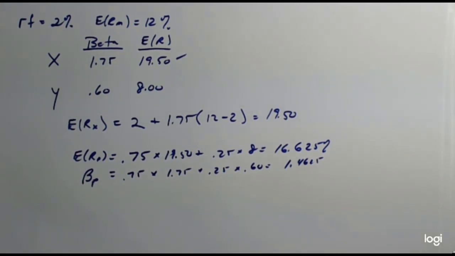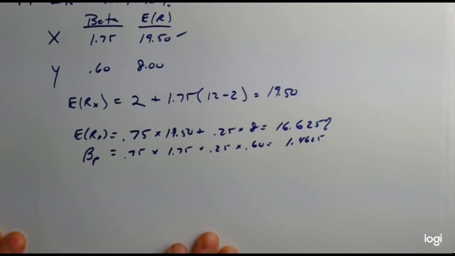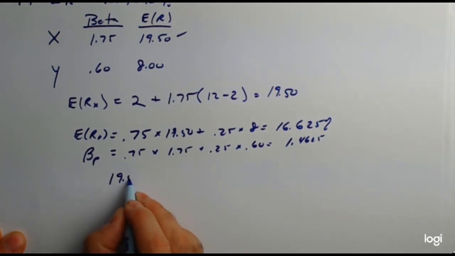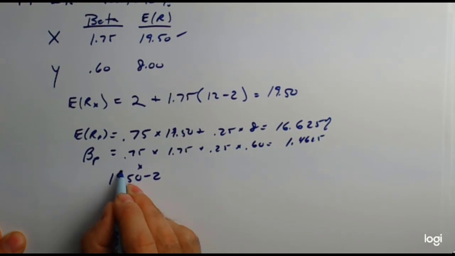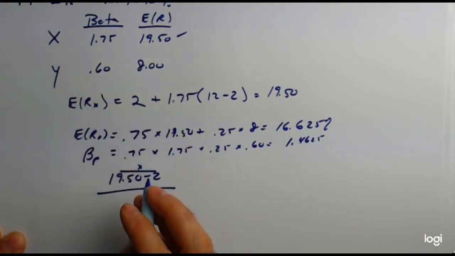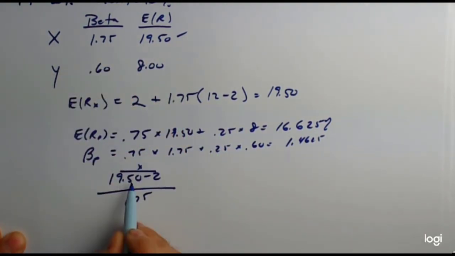Now the next question is: compute the reward to risk ratio for X and Y in the portfolio and interpret. Okay, let's see what happens here. This will be 19.5 minus 2, for X now, divided by the beta for X, which is 1.75. So that's 17.5% divided by 1.75.